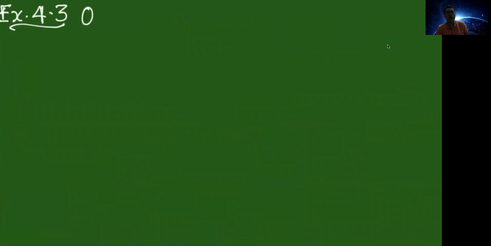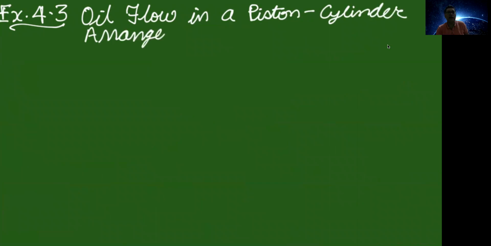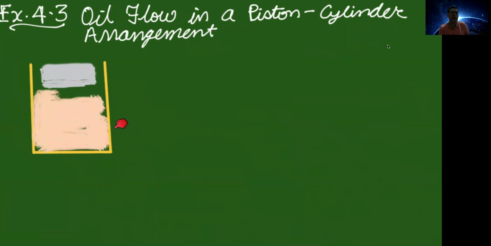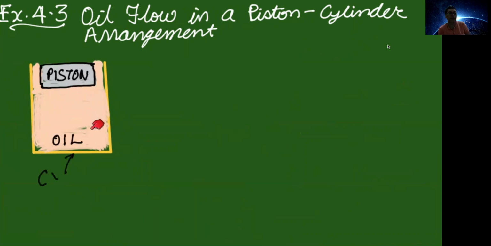Now the third problem corresponds to oil flow in a piston cylinder arrangement as shown here. So this is a cylinder corresponding to an IC engine, and this is a piston, and this is oil which is inside the cylinder.